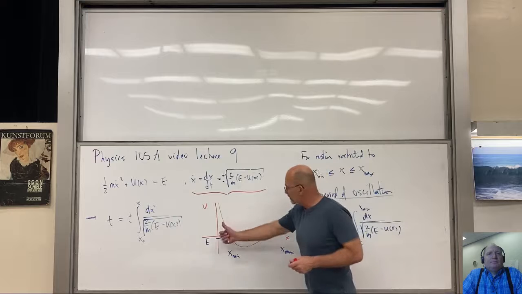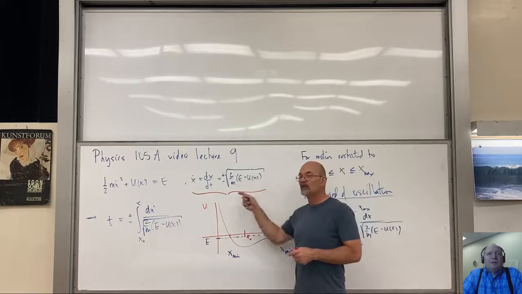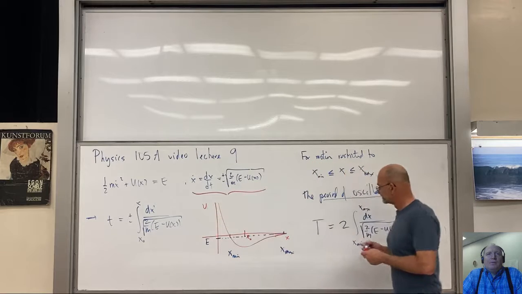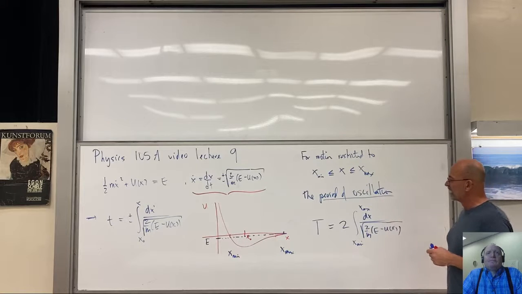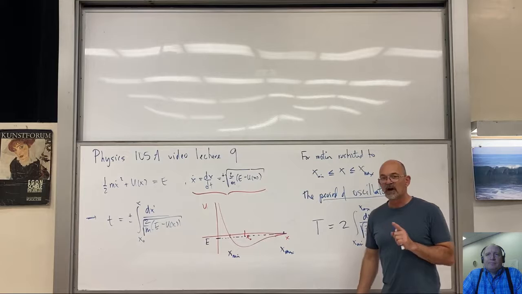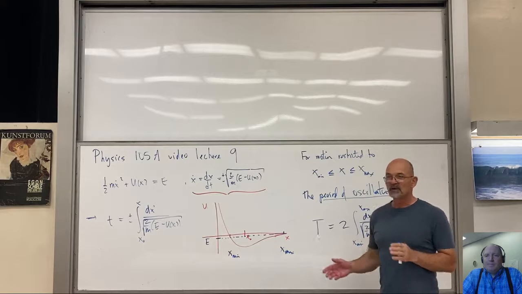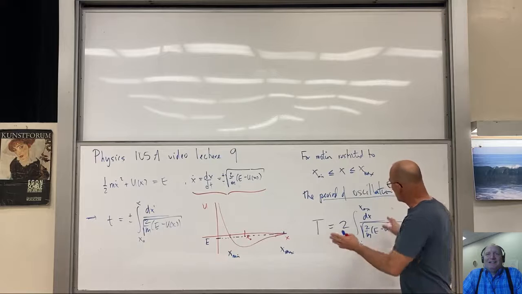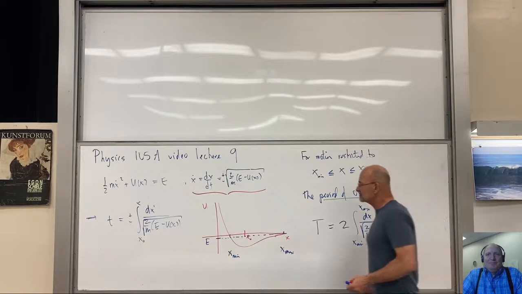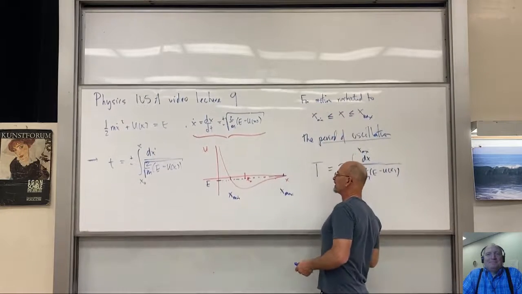The plus sign was motion in the positive direction, the minus sign motion in the negative direction. So good, you get the period of that motion. And what we're going to do now is talk about that general x to the nth power potential and apply all of this. That's what we were getting to last time.